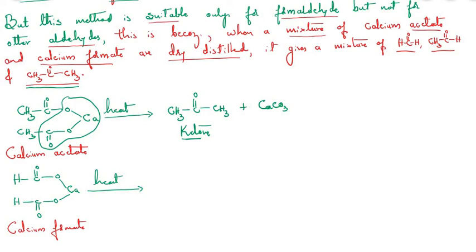So this part, ketone, I have underlined here, so I hope you are understanding that, right? So calcium formate when subjected alone to dry distillation, this part is going to be lost in the form of calcium carbonate and remains here H, C double bond O and H. So therefore we can write here H, C double bond O and H plus CaCO3.